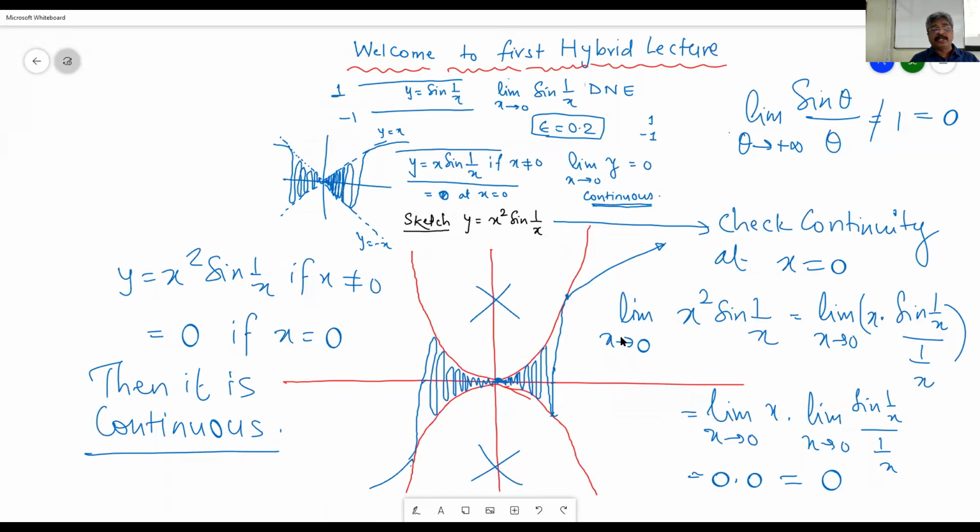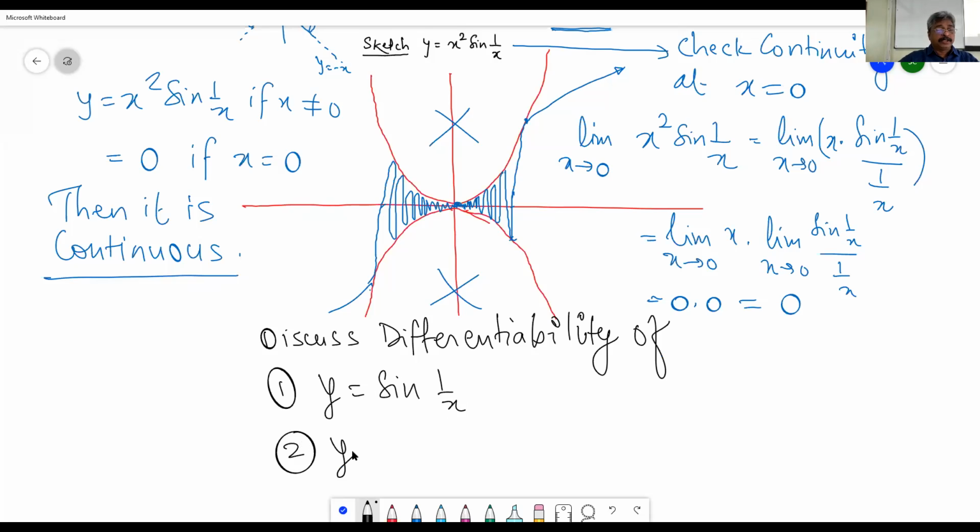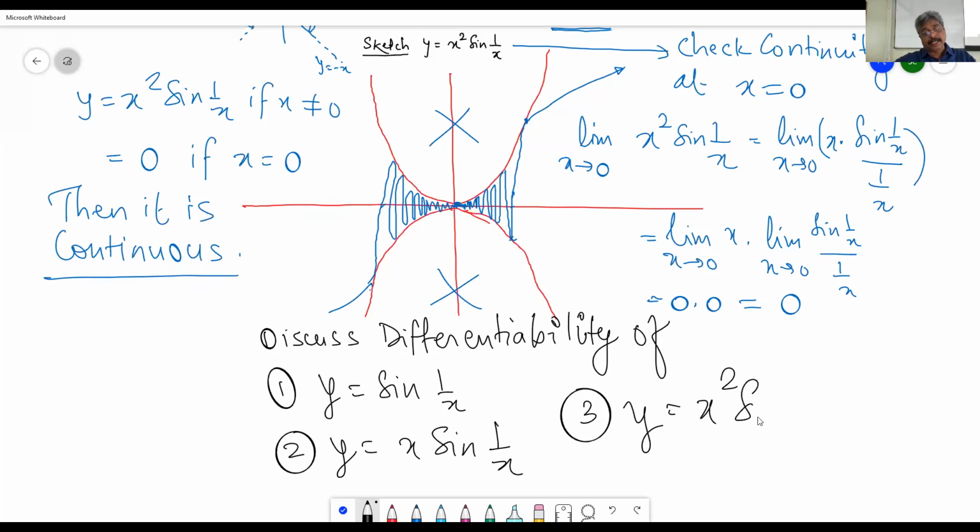So having said so, we now wish to discuss the differentiability of these functions. First, discuss differentiability of 1, y is equal to sine 1 upon x, 2, y is equal to x sine 1 upon x, and 3, y is equal to x square sine 1 upon x.